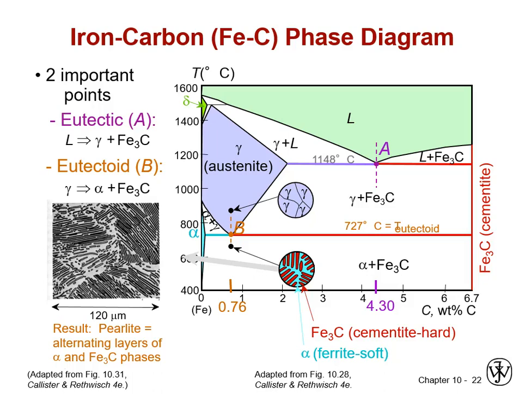So we get something that looks very similar to a eutectic, but it's finer. And in this case, we have alternating layers of our alpha ferrite, our aqua alpha phase, and cementite, practically a ceramic intermetallic iron carbon constituent and pseudophase.